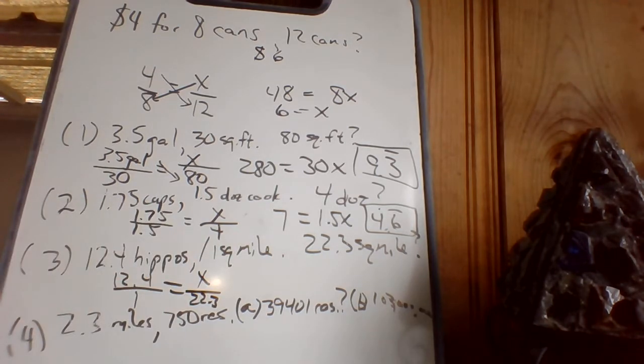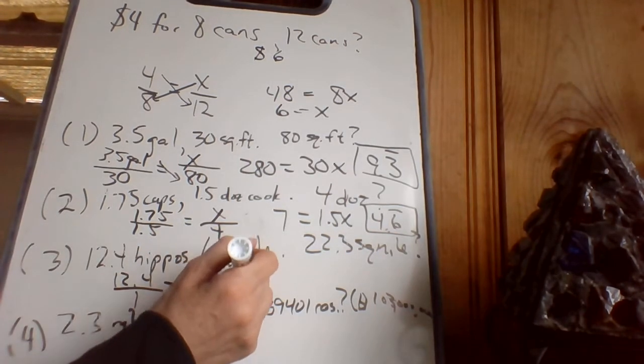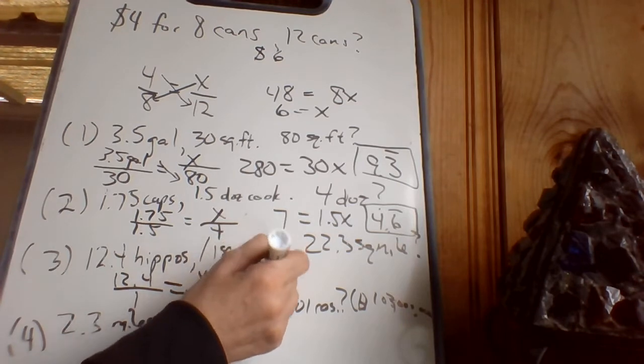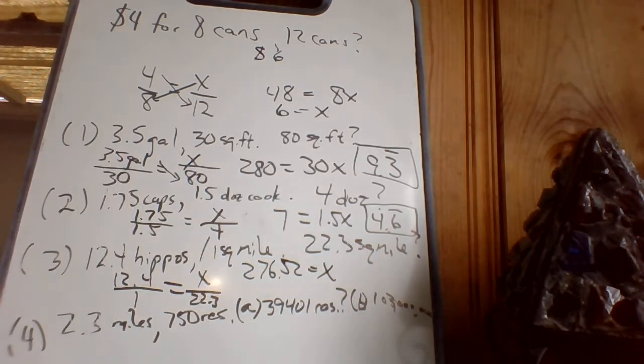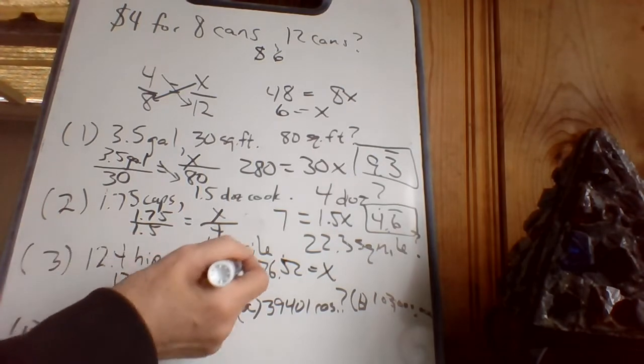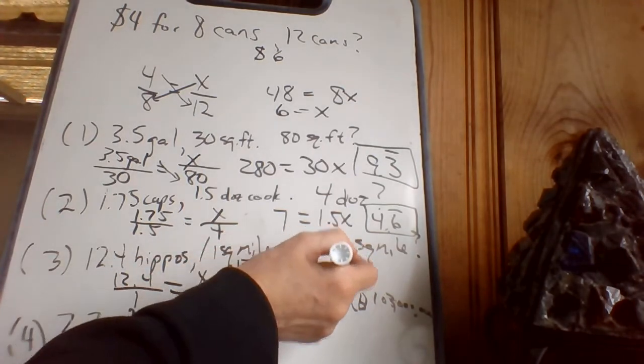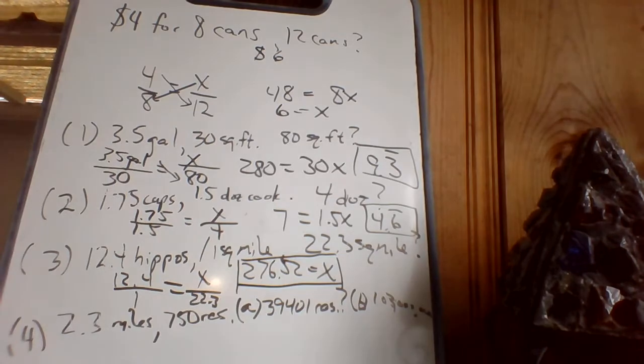So 12.4 times 22.3 is 276.52. I'd probably call that 277, just because they're hippos. There's no way to have a 0.52 of a hippo. So 277 hippos.